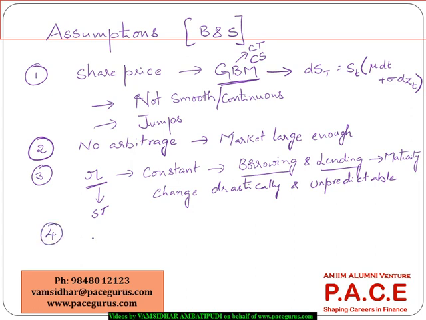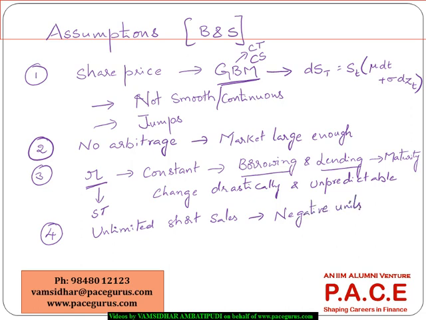One more assumption that came as a part of the Black-Scholes formula derivation is unlimited short sale. Unlimited short sales is possible, meaning people can hold negative units of a particular security.